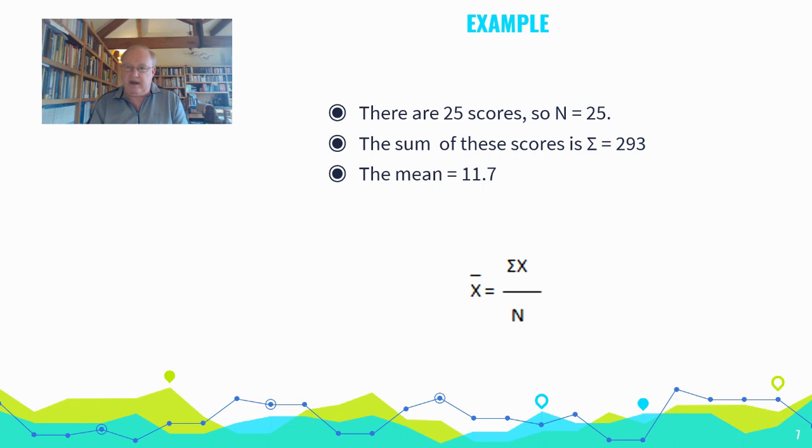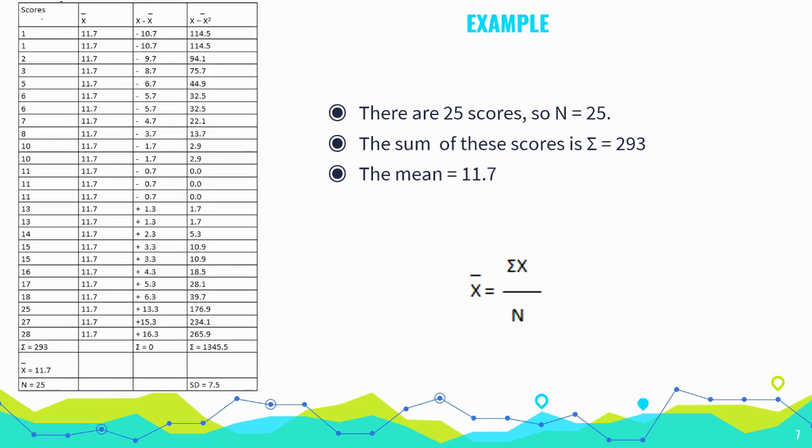So when I do the division, I get the mean is 11. Now, look at the table here. I like doing things in tables like this because it helps to make everything clear. So don't worry about these two columns on the right yet. I'll come to those in a moment. Step by step to understand how this works.